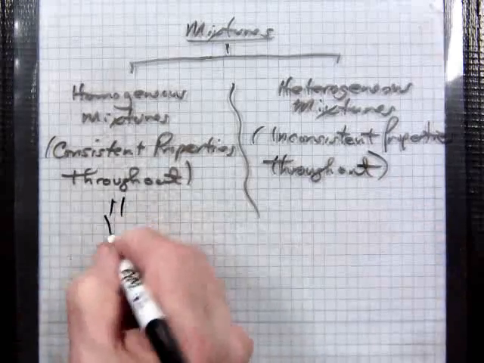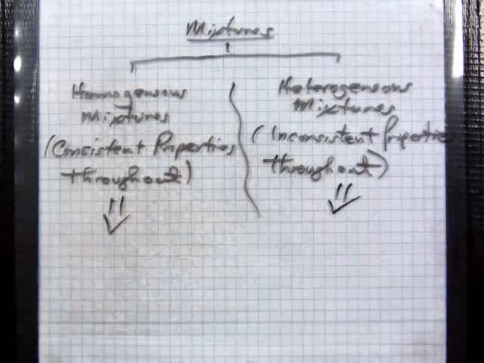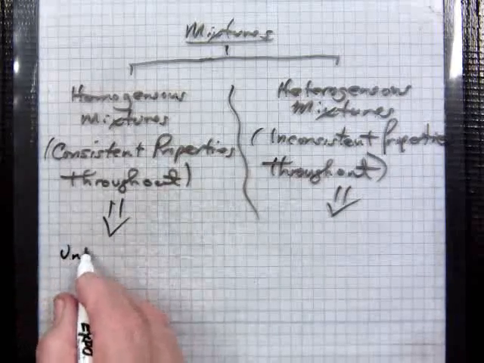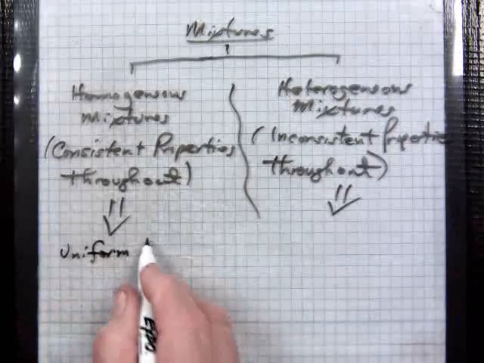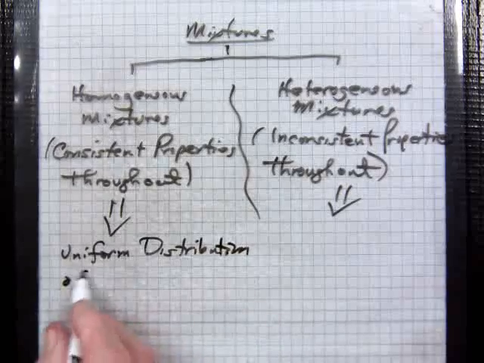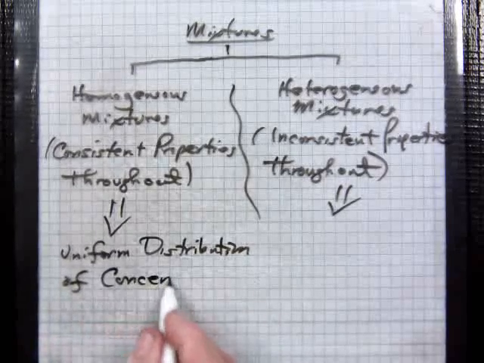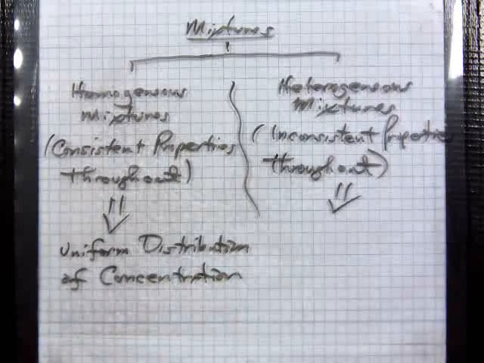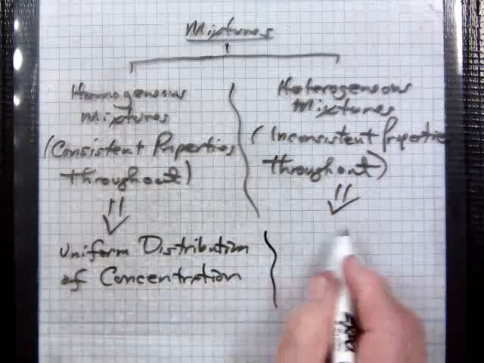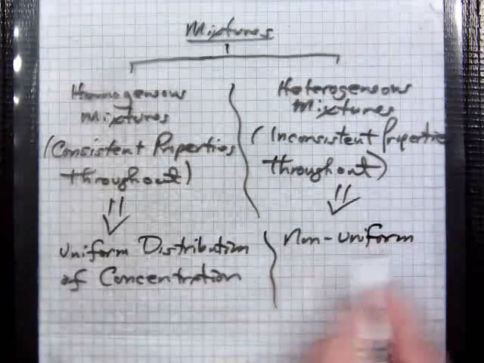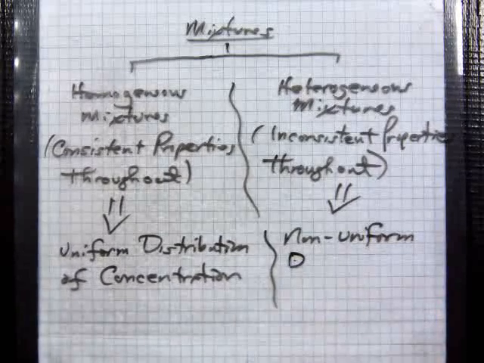What this implies is a uniform distribution of concentration is the main focal point of items making up the mixture, and a non-uniform distribution of concentration in the heterogeneous.